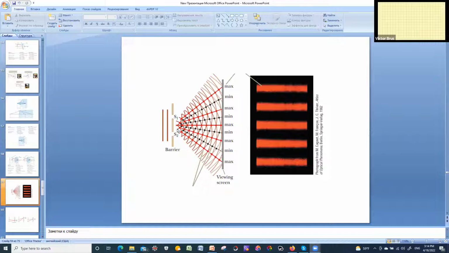So they should serve as sources of so-called coherent monochromatic illumination. Monochromatic comes from the fact that the light before the slits is monochromatic, but coherent means that at any moment of time, there is a constant phase shift between these two signals which we receive from source 1 and source 2.